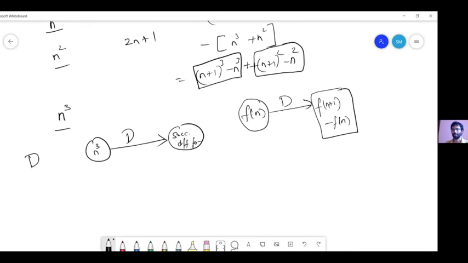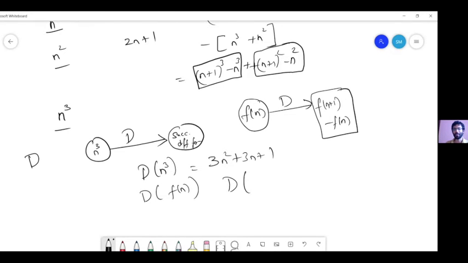This is the difference operator. So if I apply the difference operator on n cube, what would I get? It is n plus 1 whole cube minus n cube, which is 3n square plus 3n plus 1.